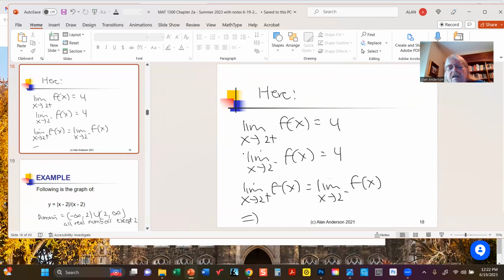Therefore, the limit, now if you notice here, it just says 2. That means coming from either direction. Is therefore equal to 4. Okay, now the limit coming from the left is 4, the limit coming from the right is 4. Therefore, the total limit, or the two-sided limit, we sometimes call it, is equal to 4. These could be considered one-sided limits.